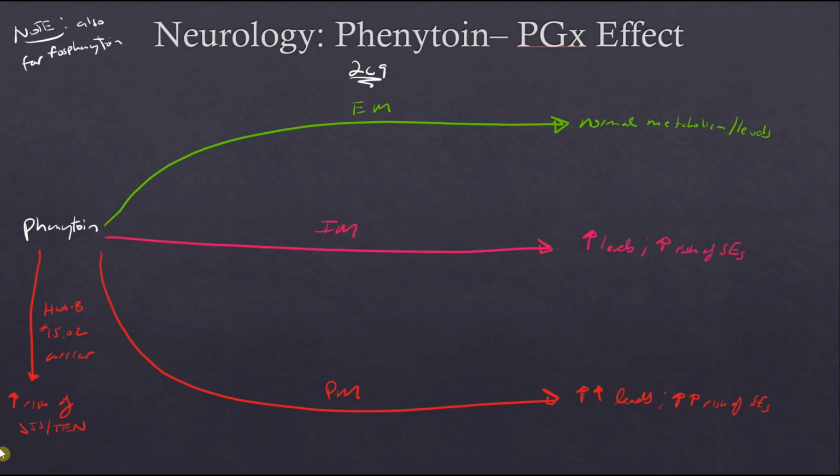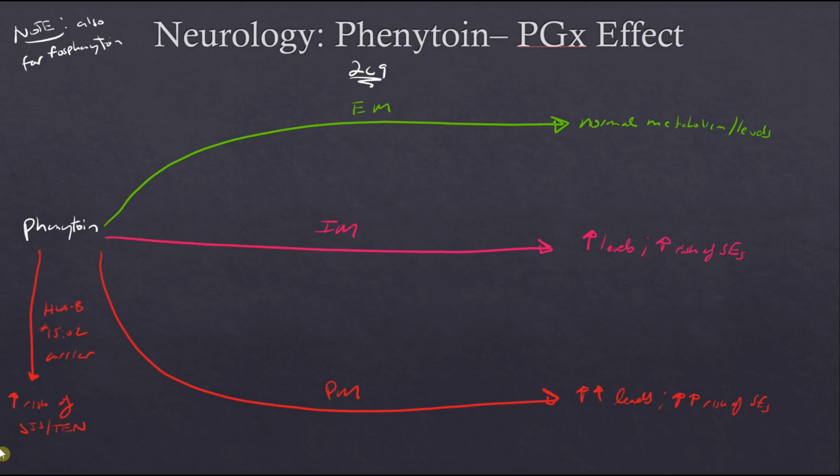And again, this is due to probably some sort of dysfunction in how the HLA-B system is presenting antigens or peptides to the cell surface. So for some reason, phenytoin induces the body's own hypersensitivity reaction to the drug.